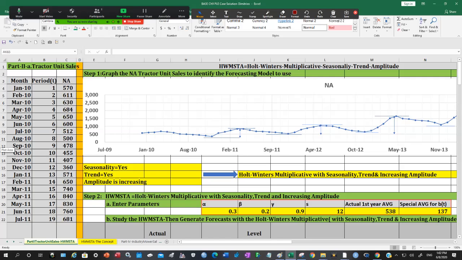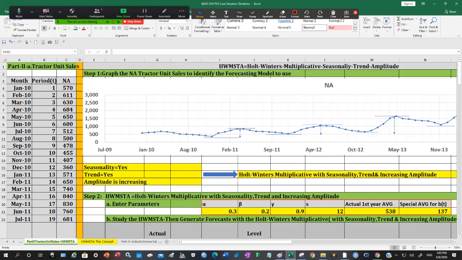Period 1 is January 10, period 2 is February 10, period 3 is March 10. So I can either use the month or the period together with NA, which stands for North America. The numbers underneath NA represent the tractor unit sales for PLE. For example, in the month of January, there were 570 tractor units sold. In February of 2010, there were 611.